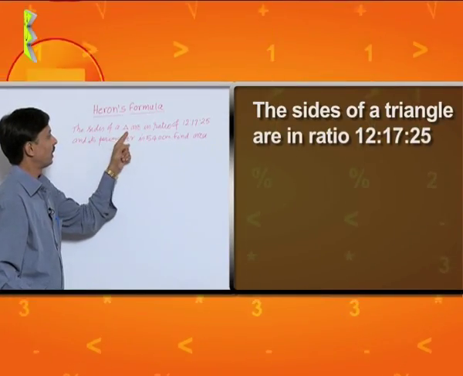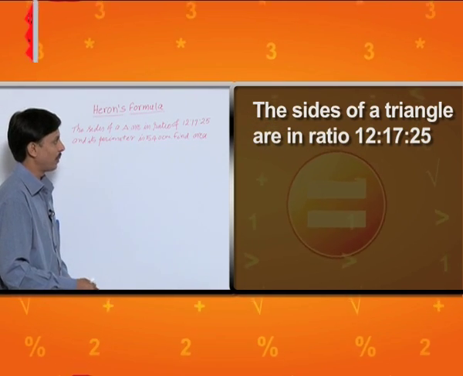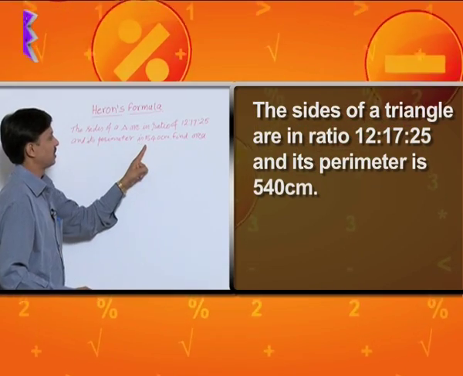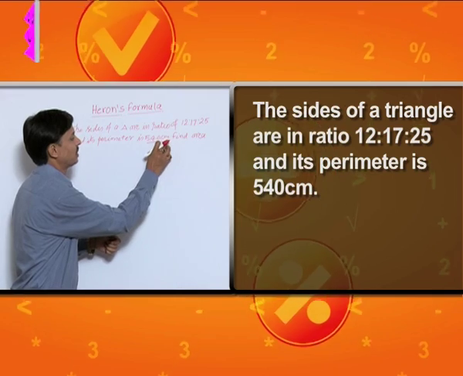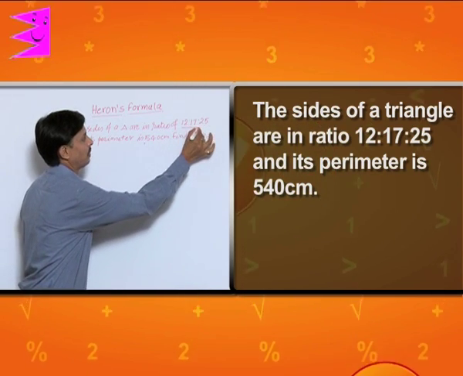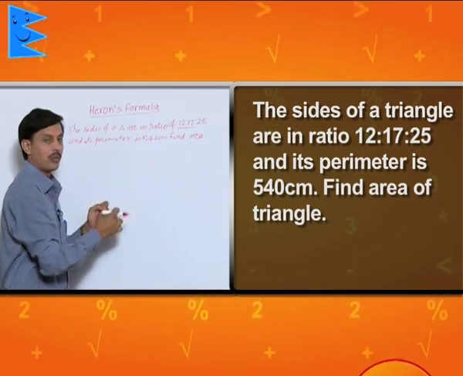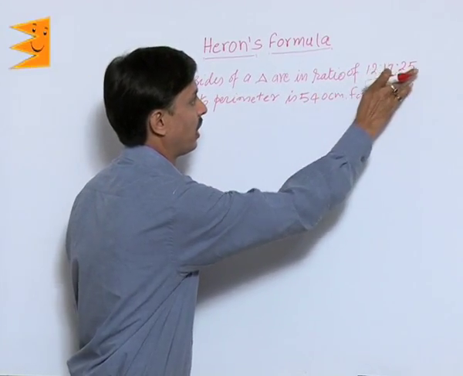Now one more application. The sides of a triangle are in the ratio of 12:17:25 and its perimeter, that is sum of all three sides, is 540 centimeter. Find the area of triangle. So it's very simple to calculate the area.